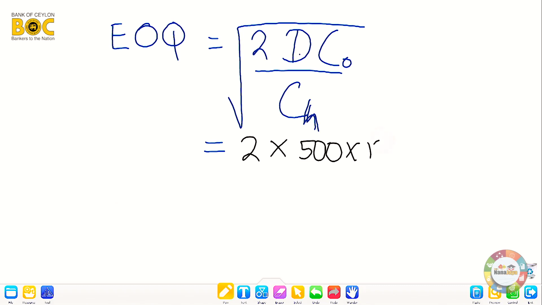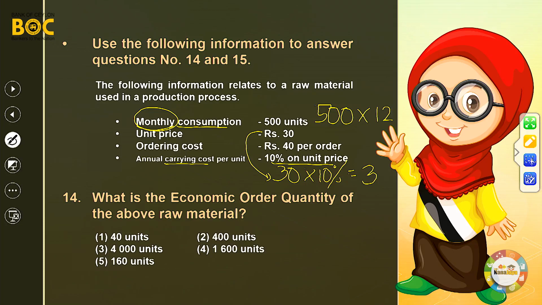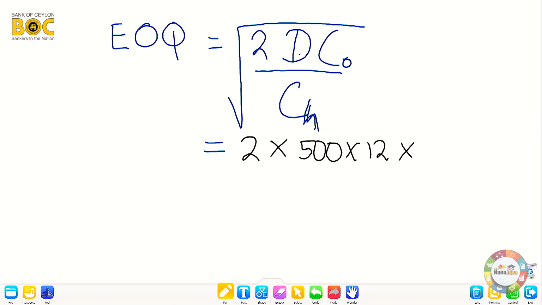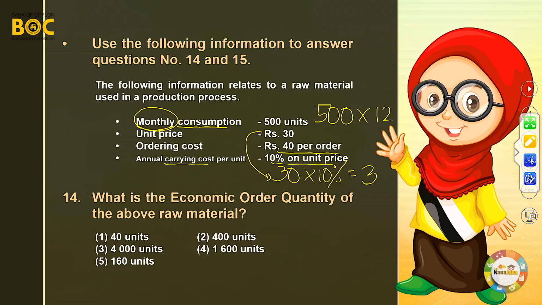And cost per order, how much was given? The cost per order is 40, divided by holding cost per unit. How much is the holding cost per unit?